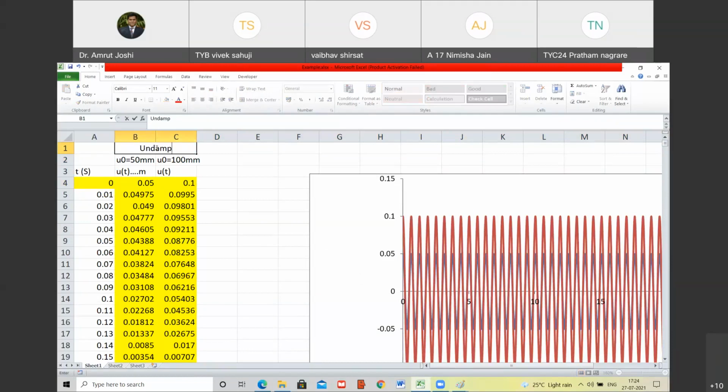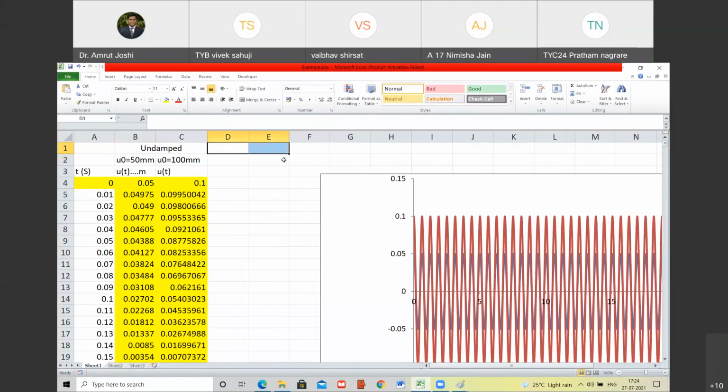So these two were the solutions for the undamped system. Now I am writing down the solution for the critically damped system, and I'm going to use the same set of conditions: u0 is 50 mm and u0 is 100 mm.